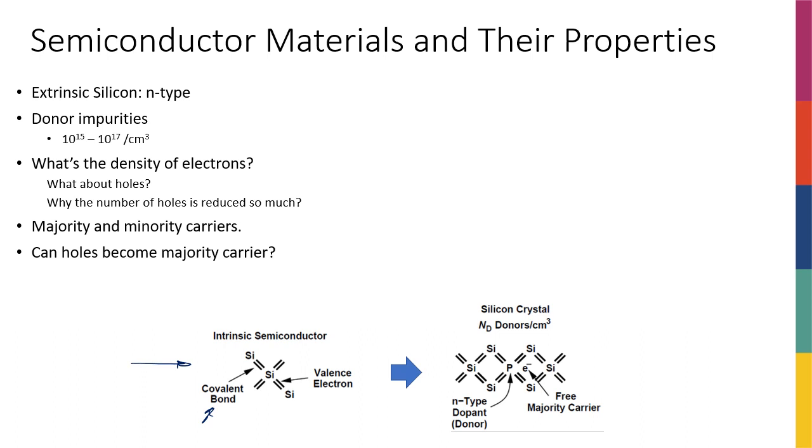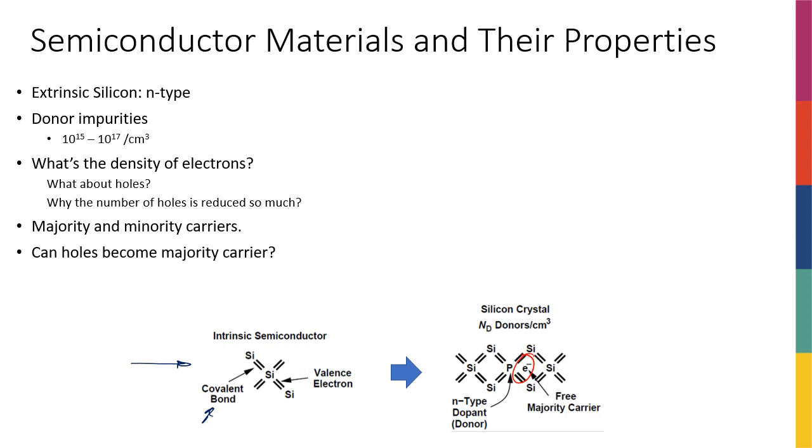Since phosphorus is of group 5, it has 5 electrons in its valence or outermost shell. 4 of these electrons are going to be shared with neighboring silicon atoms, and one of them is just going to be there, not shared or bonded into any of these covalent bonds, right?